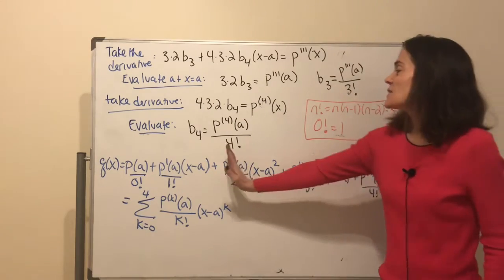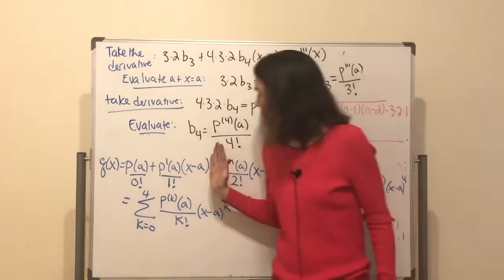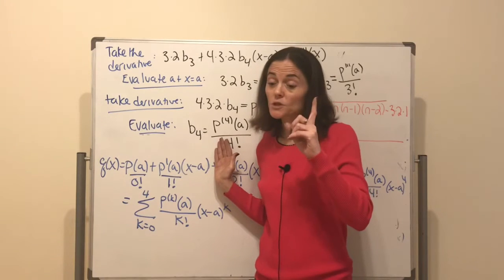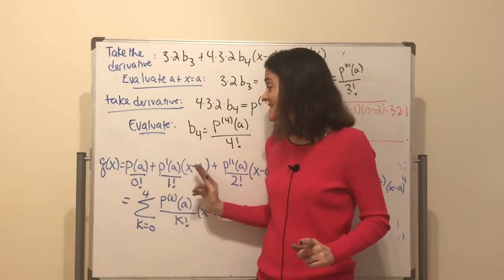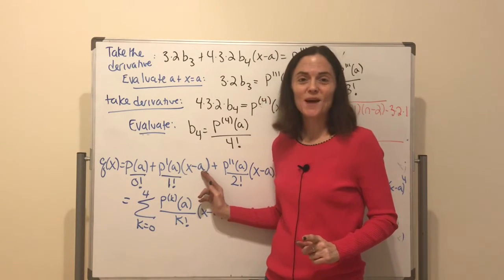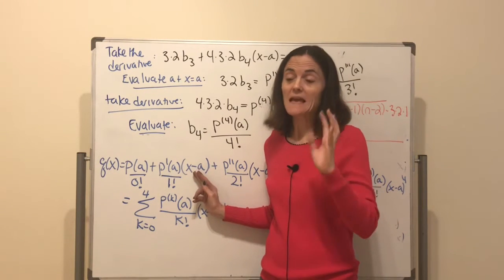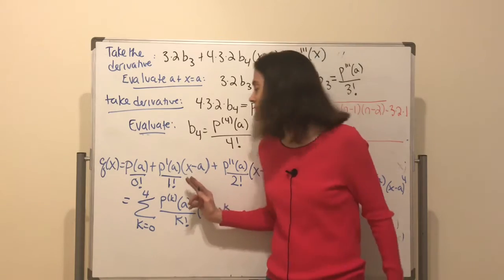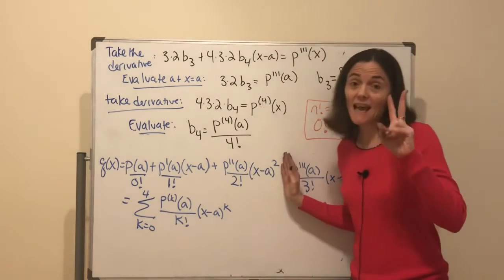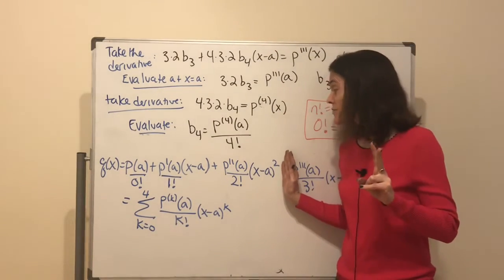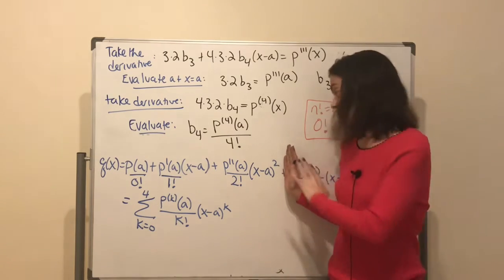Okay, if you look here, the first order partial sum, this was the tangent line. Best linear approximation to the polynomial nearby x equals a. If you took the second order partial sum, that goes through this term, the squared, right?